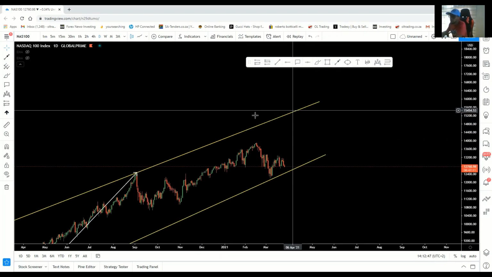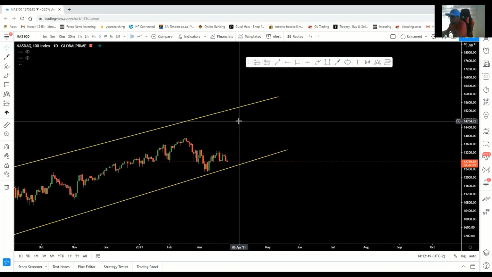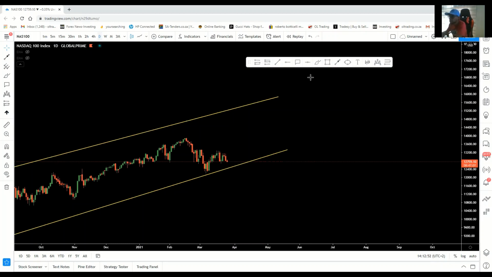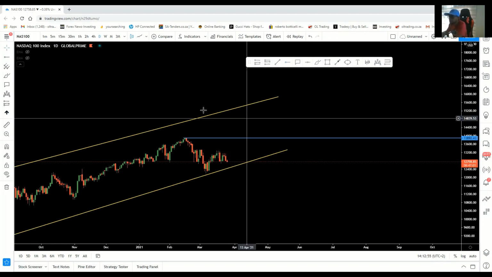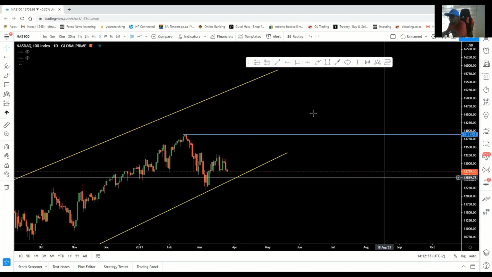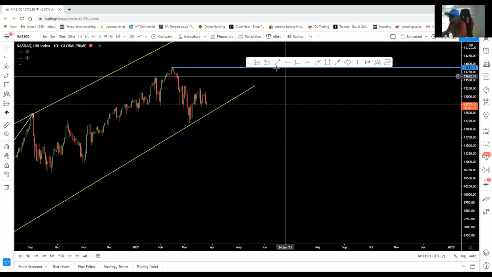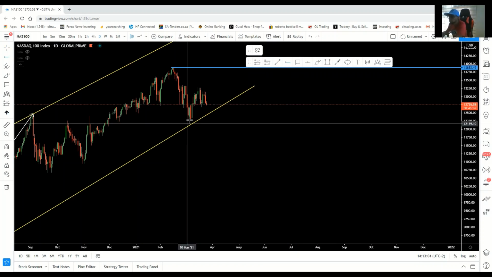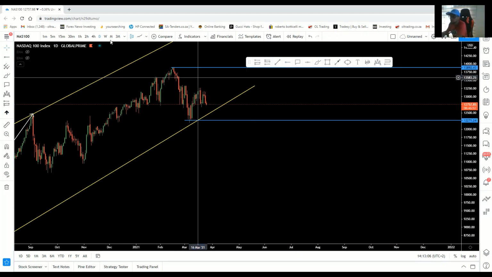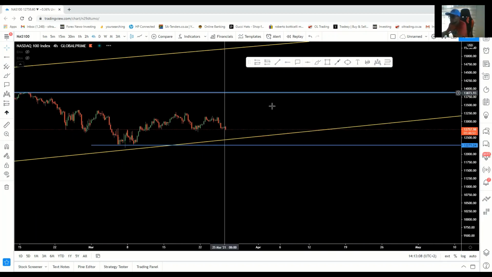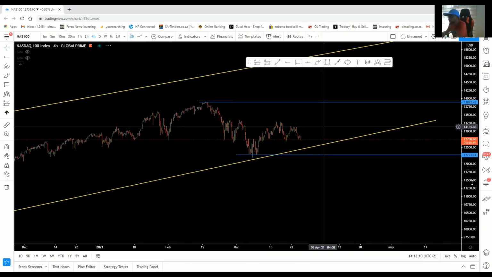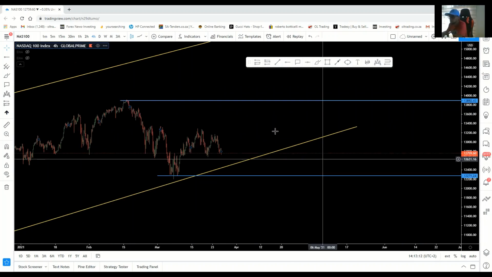Go to 4 hour. So my highest point at this level will be this one. And my lowest point will be this one. So I'm looking at this movement happening around this level here.